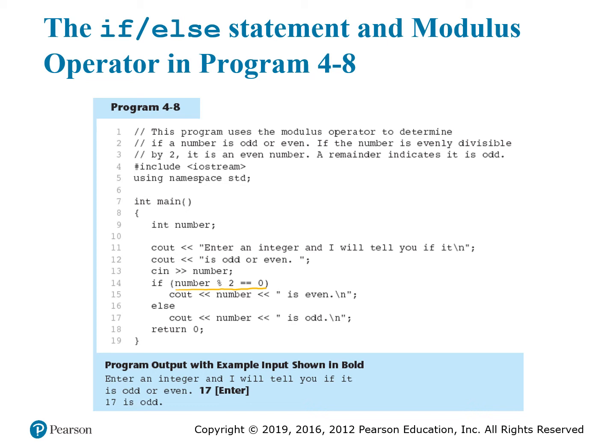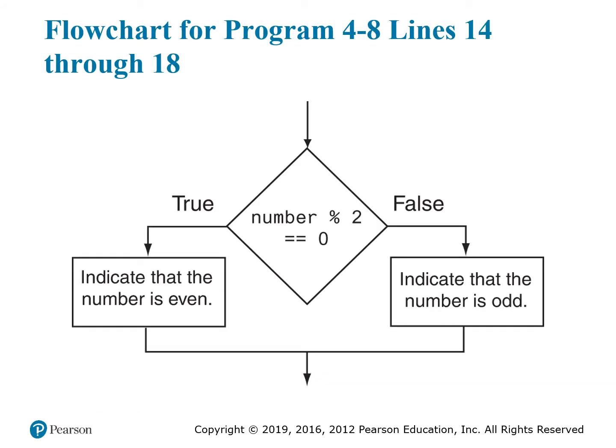So our true branch gives us cout number is even. If it's false, then we had a remainder of 1, which is odd. So the else branch couts number is odd. Okay, and here's how that looks in a flowchart format.